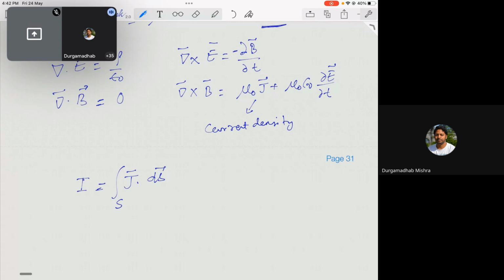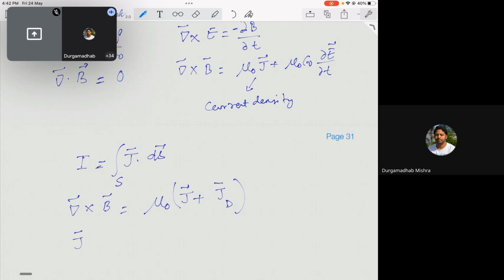So this curl of B, when we are writing it, sometimes you will see one can also write this as mu naught J plus J_D. Okay, so J_D is epsilon naught del E by del t, which is known as a displacement current. But remember, there is no such physical displacement current that exists.